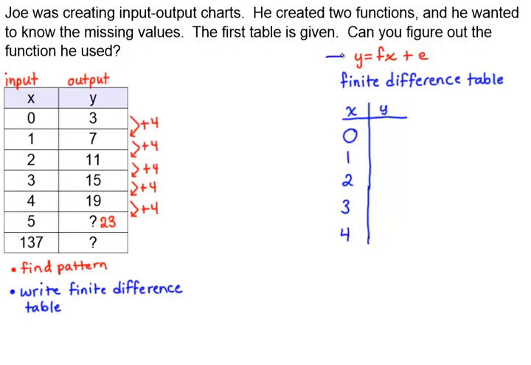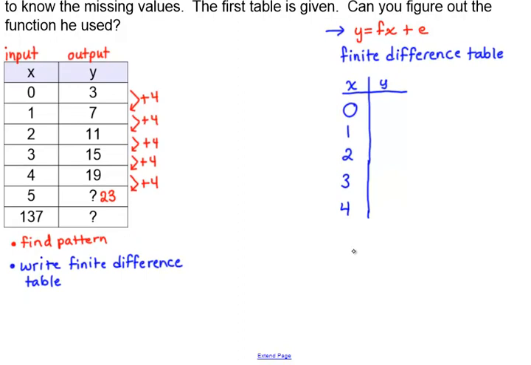We're going to plug them into our linear equation. Okay, so let's do that, and we'll do it underneath the table. So if I plug in 0 for x, I get y is equal to f times 0 plus e. Well, 0 is 0, so 0 plus e is just e, so y equals e. So that's going to be my answer here.